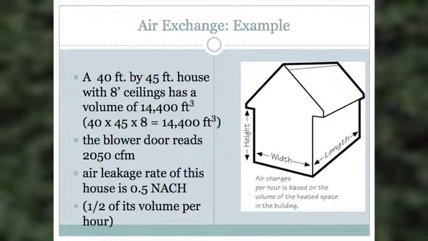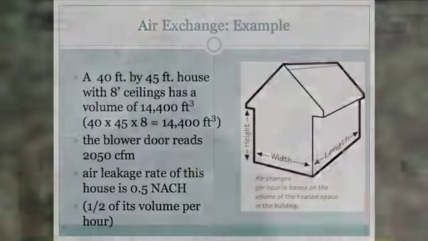We run that through our calculation, and what that tells us is that we have an air leakage rate of 0.5 natural air changes per hour. It doesn't matter how big the house is. What's our recommended? 0.35. So would we recommend that we do air sealing in this house? Because we want to drop that 0.5 down to 0.35. Okay? So we would, in fact, recommend that we do air sealing in this house.